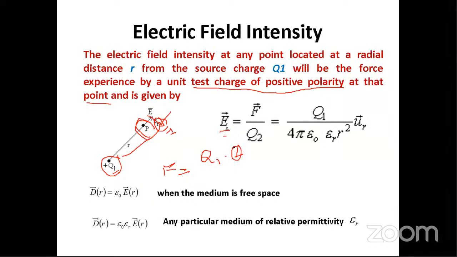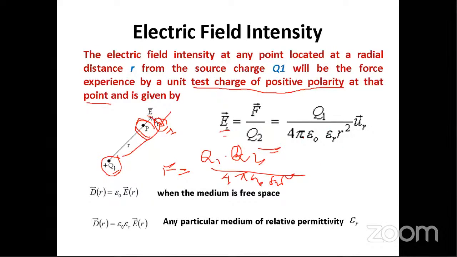If you consider Q2, then F is Q1 Q2 by 4 pi epsilon 0 epsilon r r square. Now this force is divided by Q2. So ultimately you get the electric field intensity formula: E is equal to Q1 by 4 pi epsilon 0 epsilon r r square. And what is the unit of electric field intensity?